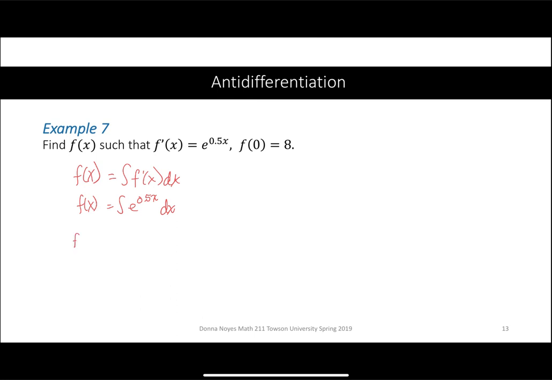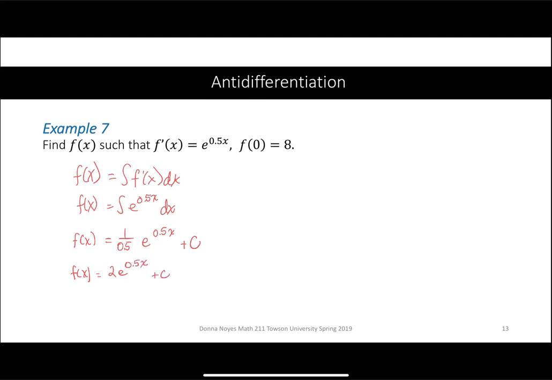So that means our function is 1 over 0.5 e to the 0.5x plus c. The only thing I'm going to say here is go ahead and simplify 1 over 0.5, because that number becomes 2. 2e to the 0.5x plus c.